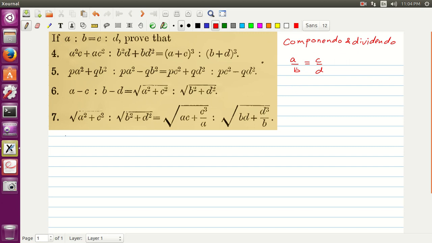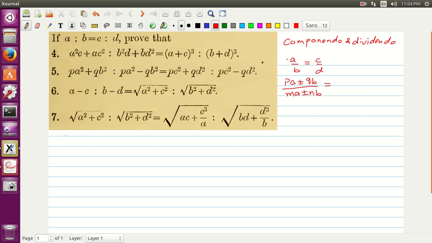Then the rule of componendo and dividendo says that P times A plus or minus, that is, you can either add or subtract, whatever you want to do, Q times B, is equal to, say, M times A plus minus N times B. Okay, P, Q, M and N are some arbitrary integers.